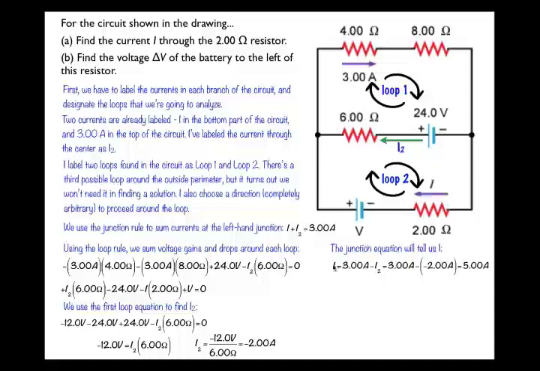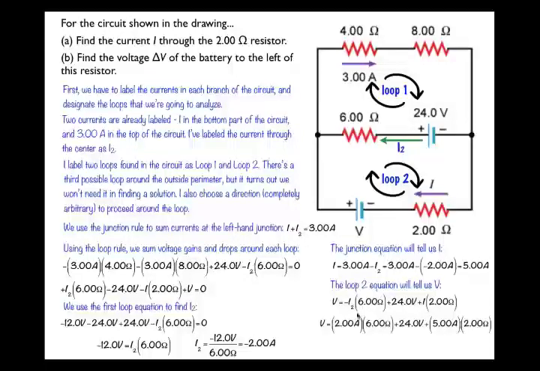Finally, we know I, so we can go to our second loop equation, or our third equation that we generated here. We now know what I2 is, we know what I is, and this will allow us to figure out what V is. So, it's a plug thing. If I put V on one side of the equation and move everything else over to the other side, I get V equals minus I2 times 6 ohms, plus 24 volts, plus I times 2 ohms.